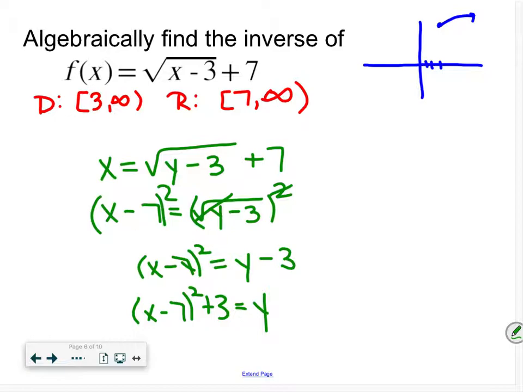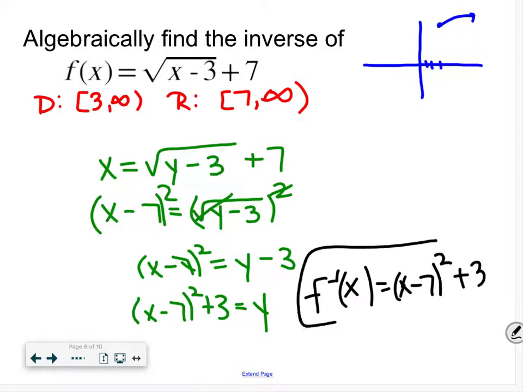The reason is we've been working with function transformations, so we've been working with quadratics that look like this. Would you agree? So let's leave it that way. For your answer, I want that the inverse of x is (x minus 7), the quantity squared, plus 3.